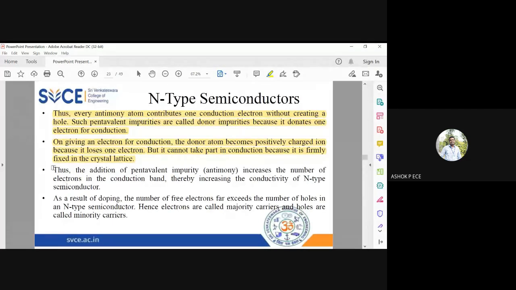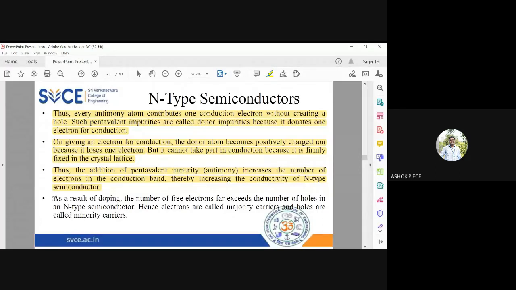So when you add more pentavalent impurity, the number of electrons will be very high, and these electrons will easily move to the conduction band. When more electrons are in the conduction band, more current will be produced and more conductivity is obtained from the N-type semiconductor.